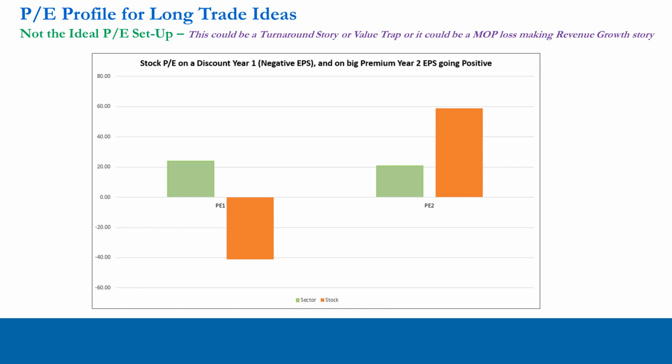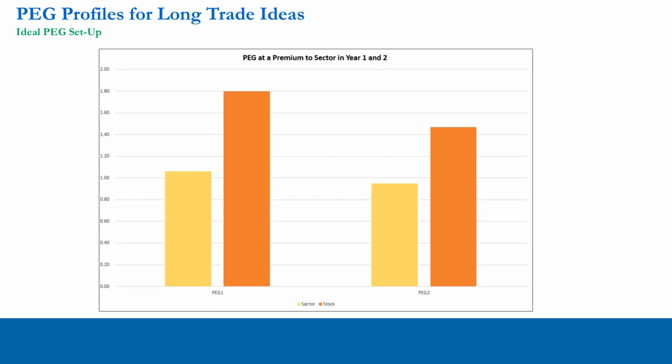Now, let's have a look at this from a PEG perspective, a PEG ratio perspective. If you recall, the ideal PEG setup for long ideas is that we have a PEG that's at a premium to the sector in both year 1 and year 2. So remembering the formula for PEG, it's the PE ratio divided by the earnings growth percentage for each period.